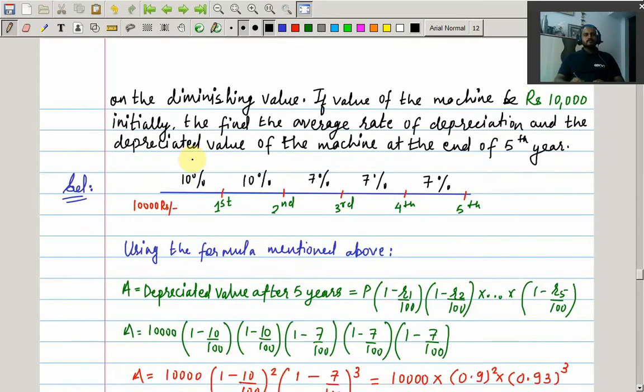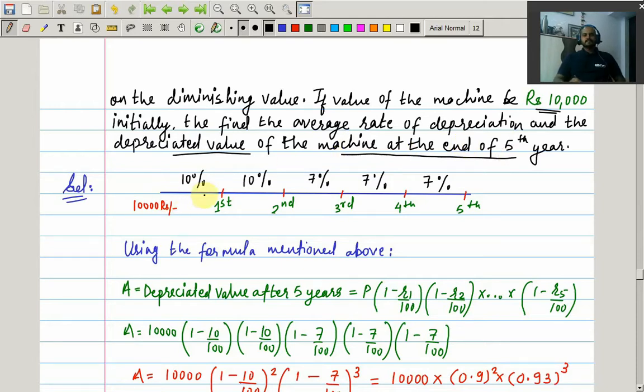So the final amount will be based on the principal amount every year. It is going to decrease every year. If the value of the machine is 10,000 in the beginning, then find the average rate of depreciation and the depreciated value of the machine at the end of 5th year.